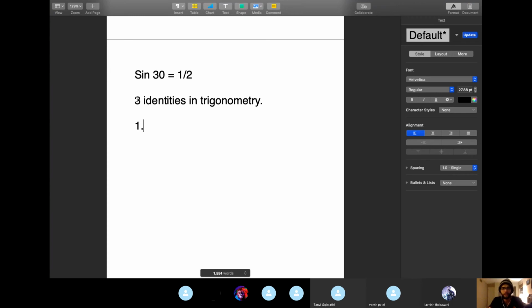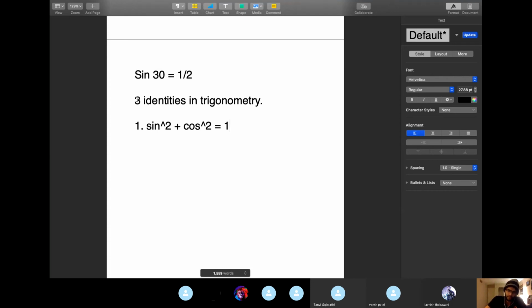The first identity says that sine squared plus cos squared is equal to 1.